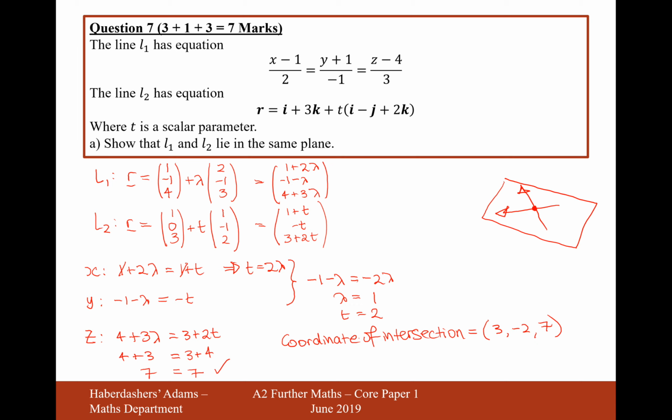So that's going to be the coordinate of intersection, and then we just need to write a concluding part to say as the two lines intersect, they form a plane. As the two lines intersect, they can form a plane.